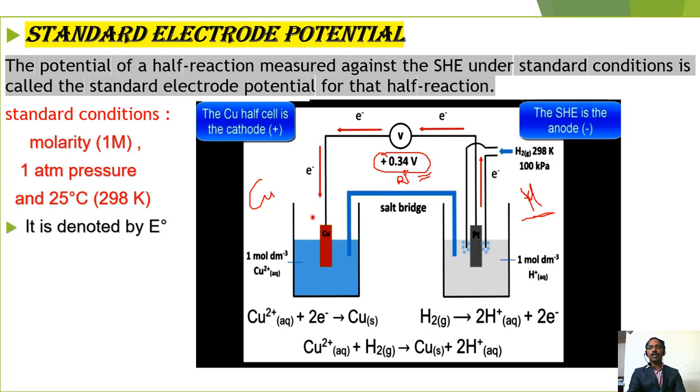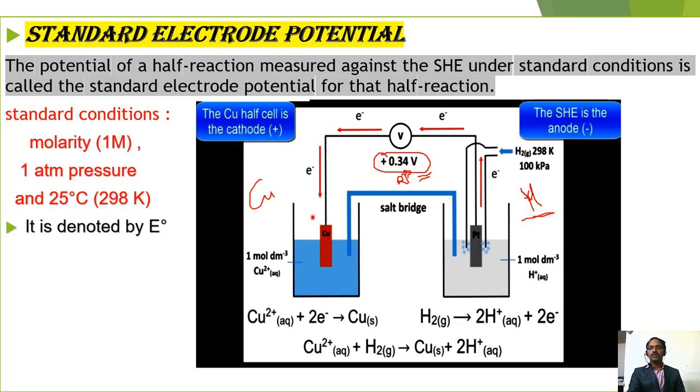That means with respect to hydrogen, the copper is taking electrons 0.34 times efficiently, or we can say the tendency is 0.34 times higher. The final conclusion is the copper is taking electrons 0.34 times efficiently with respect to the hydrogen electrode.